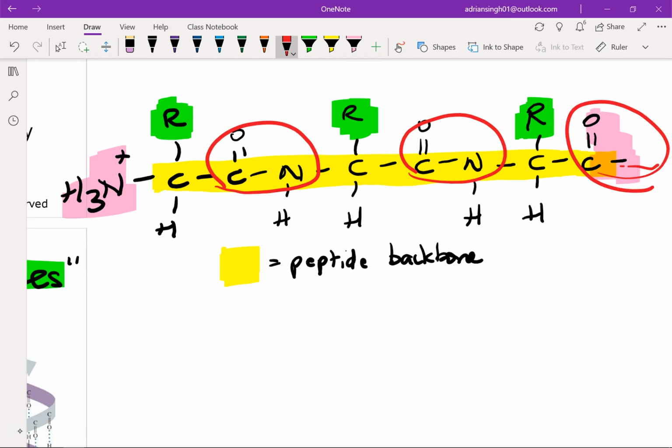So what can happen? Remember, this oxygen here has a slight negative charge, and this H here can have a slight positive charge because it's attached to a nitrogen.